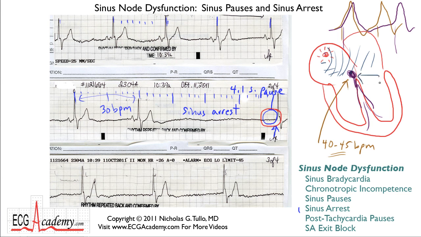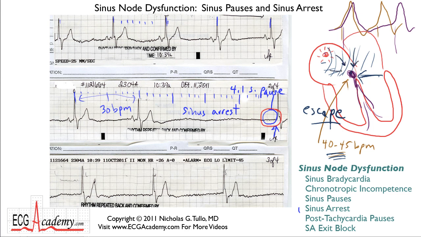That kind of situation gives rise to something called an escape beat or an escape rhythm. An escape rhythm refers to a lower pacemaker center, such as the AV node or the AV junction, same thing, firing at a much slower rate because of the loss of stimulation from above.